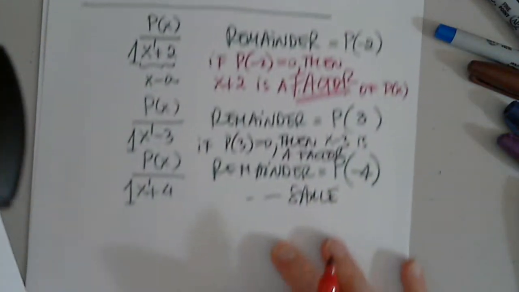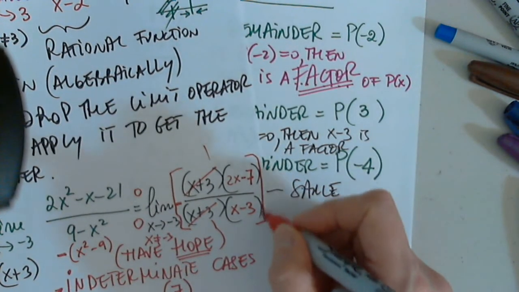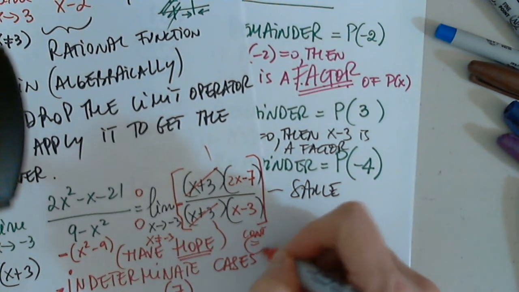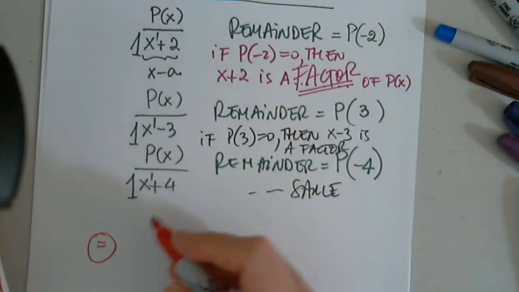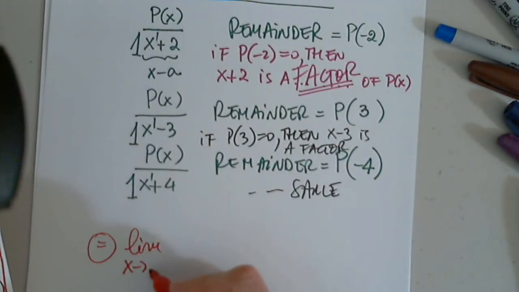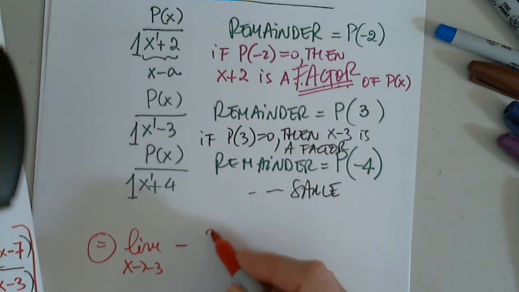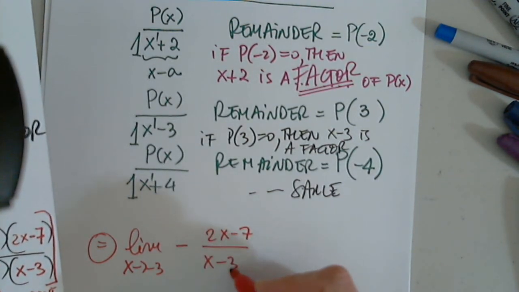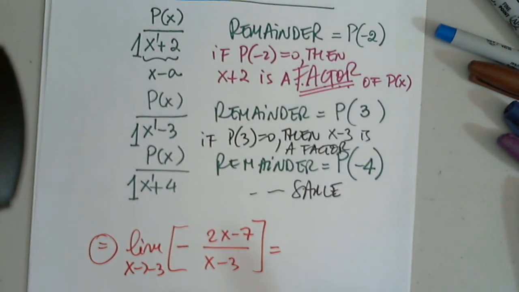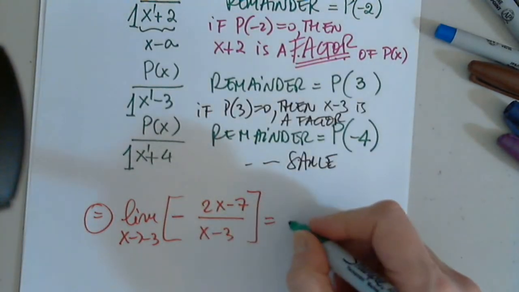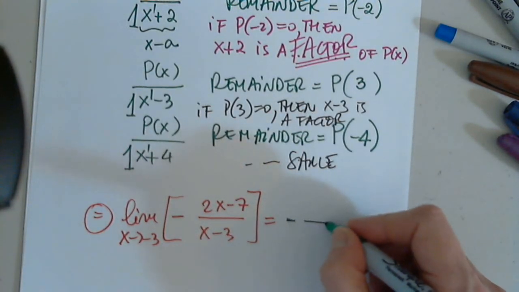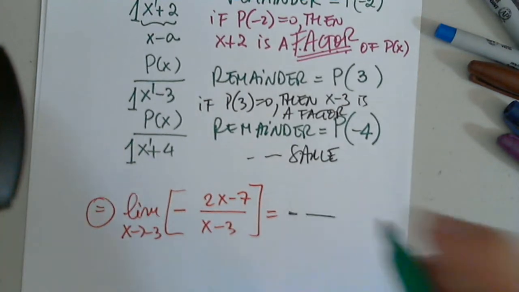So then I'm going to continue here. So continued. And I'm going to put the equal symbol and the circle, so you know where it's continued. So I'll copy limit, do not drop the limit operator, negative in front, 2x minus 7 over x minus 3. And now, what do we do next? Plug in -3 again. Excellent. I copy the negative in front. I drop the limit operator because I apply the limit to the function.